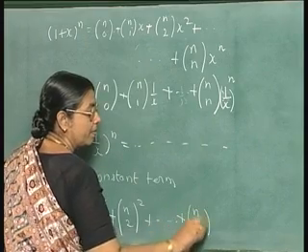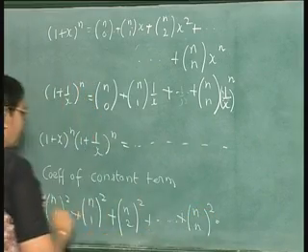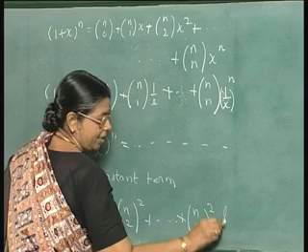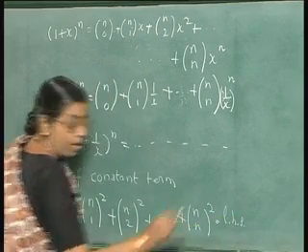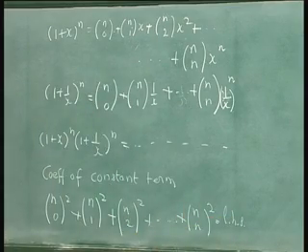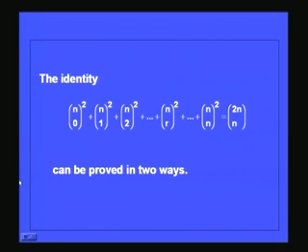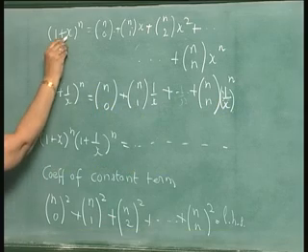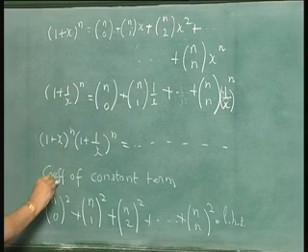So, we want to prove that this is equal to this. By considering this and multiplying out, you get the coefficient of x power 0, or the constant term, as this, which is the left hand side. Now, how do you get the right hand side?